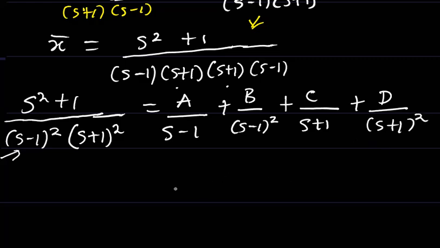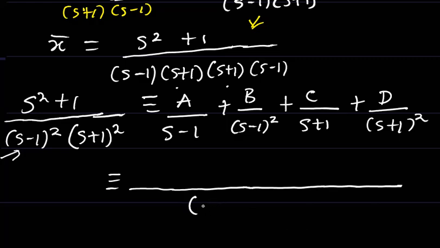So you know exactly what we are going to do to the left hand side. I'm going to multiply by the LCM of the denominator, which is still going to be x minus 1 squared and x plus 1 squared.